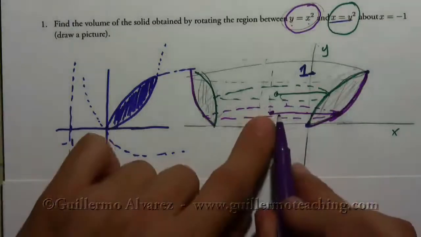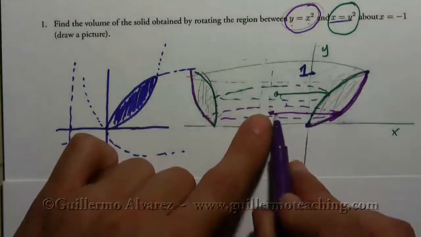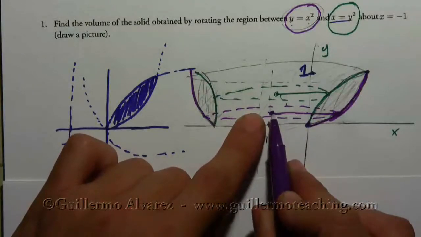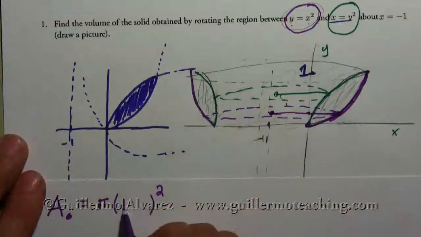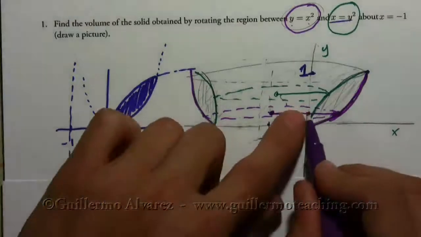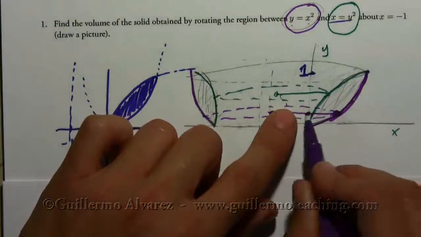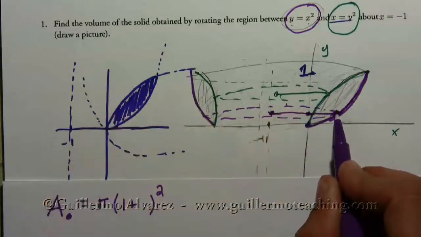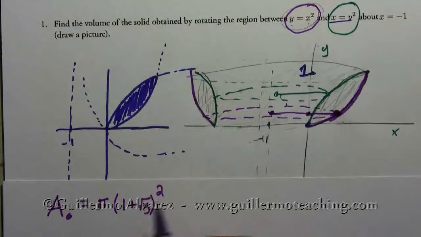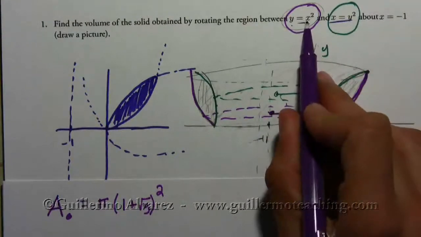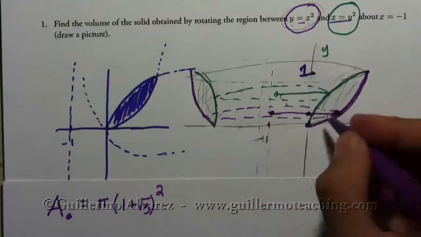Now the radius, notice that from here, where you rotate it about, to the origin, that's 1. So it's going to be 1 plus the x value from here to here, which for the purple one is going to be square root of y, because y equals x squared, so x is equal to square root of y.